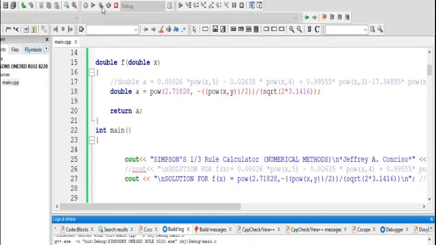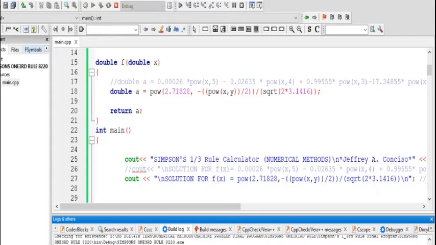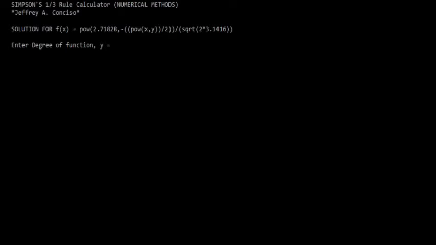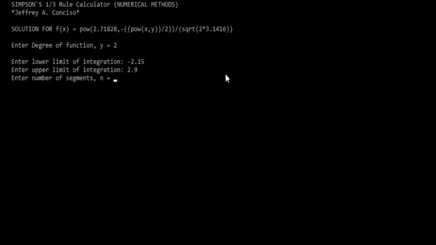Let's build and run. Let's take a look at the terminal, and then the user is prompted to input the value of y. So we will put 2 as the value of y exponent, and then we will have a value of the lower limit as negative 2.15, and the upper limit of 2.9.